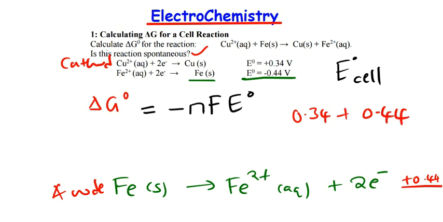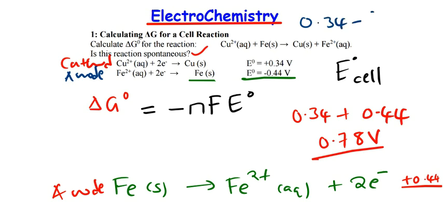That gives you 0.78 volts. Other people would maintain everything as it is and just identify the anode and the cathode without changing the sign, and then they subtract the anode from the cathode. So 0.34 minus negative 0.44, which of course will also end up as 0.78.